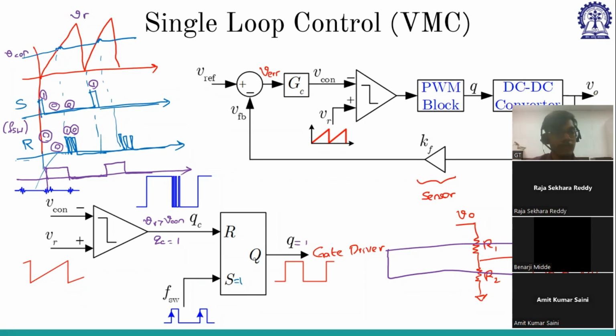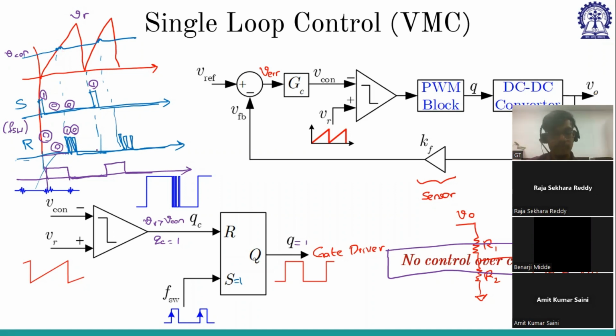So until this point, VRAMP is less than VCon. So the output is 0. So this QC pulse, the reset pulse, is 0, right? And during this condition, if VCon is having noise, it might cross VR multiple times and might come back, like it might be greater than VR multiple times and less than VR multiple times. So there will be multiple switchings at the reset pulse.